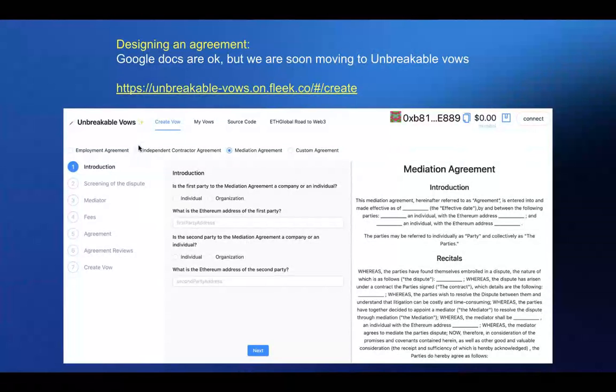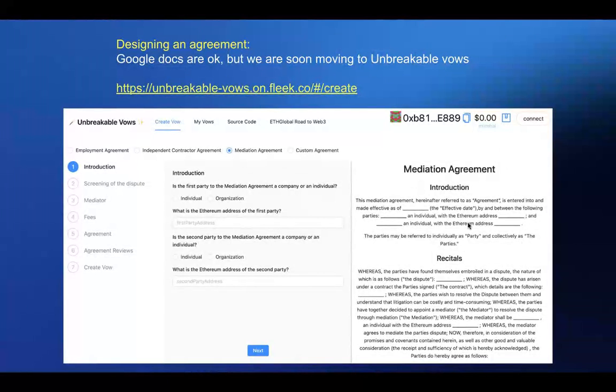And here, as you can see, we want to have some templates like an employment agreement, an independent contractor agreement, and the mediation agreement, where anyone can say, okay, I want to make a mediation agreement, and this would have a more binding approach because you have the signature of the parties from their accounts, instead of a Google Doc that is basically just paper.